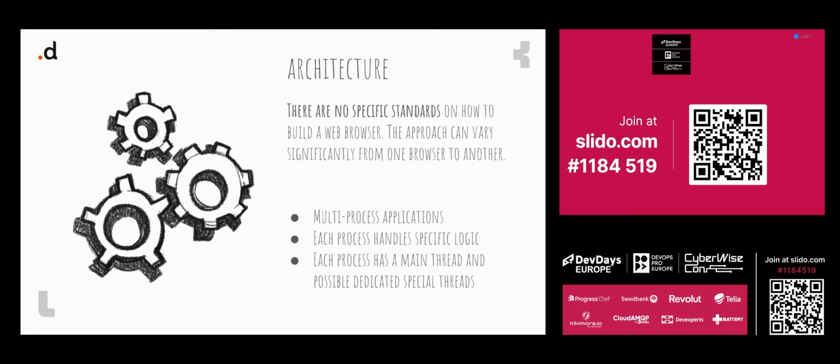The most commonly used architecture today is a multi-process architecture, where each process handles a specific task or logic. It's important to understand that each process has a main thread and a lot of other dedicated threads for more specific tasks.